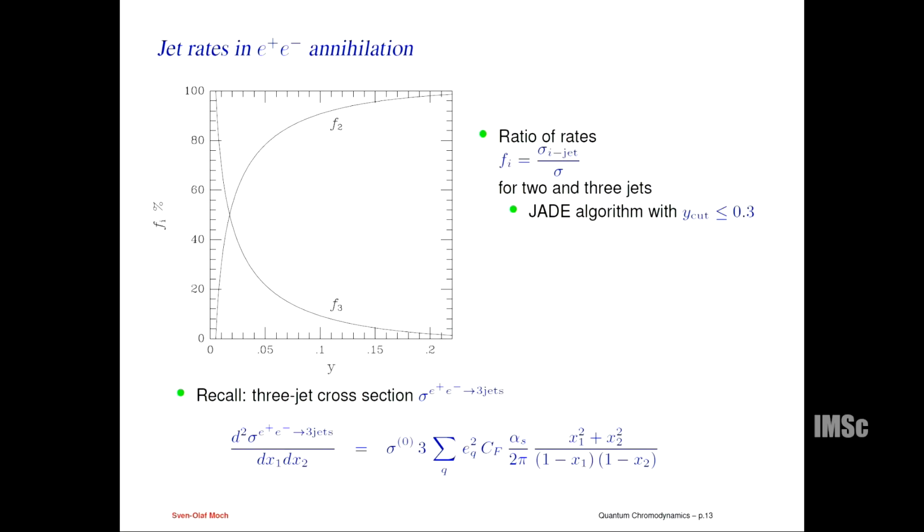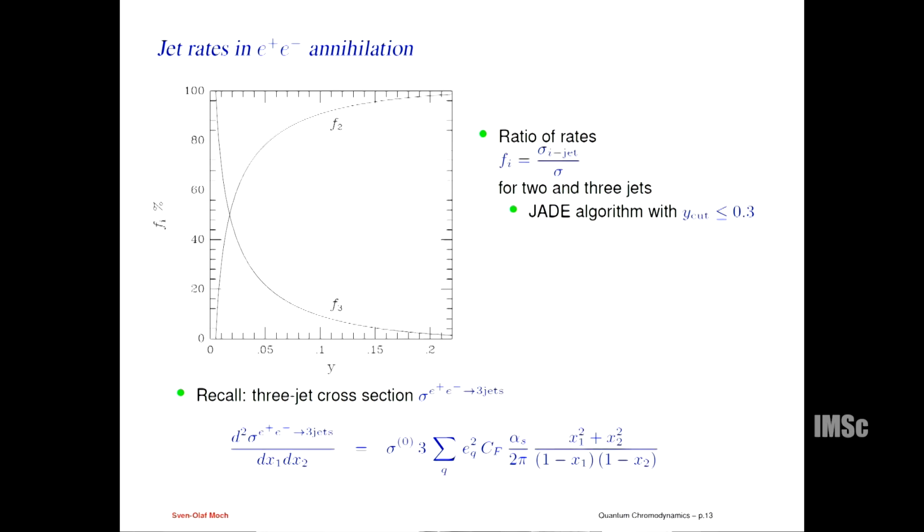If you want to have an infrared safe quantity here, you can basically go to a large y-cut. Now you do your calculation for large y-cut, and you give it to your experimental friends, and then they tell you, oh look, this is fine, but we don't have any rate anymore for this choice of parameters.